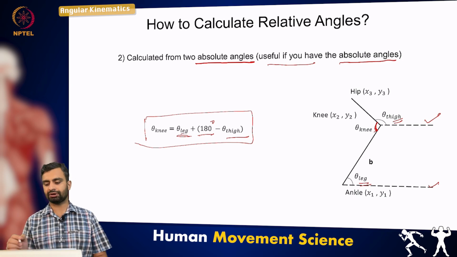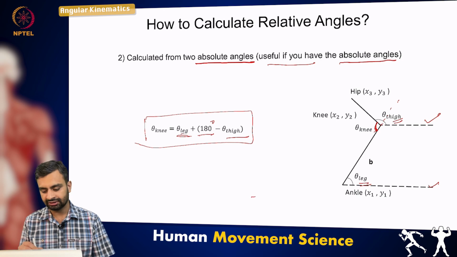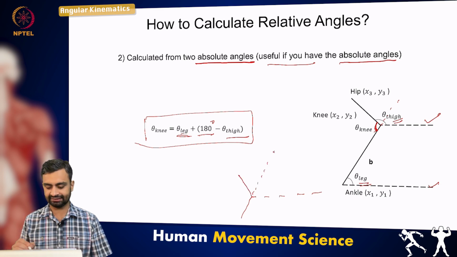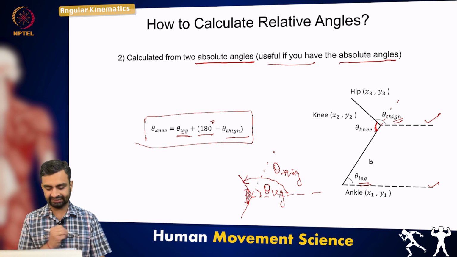So let's look at what it means. If we extend this over here, let me draw this again. This is our segment. If we extend it, it will go like this. So this angle is theta leg, and this whole angle is nothing but theta thigh. We are interested in this angle shaded here.